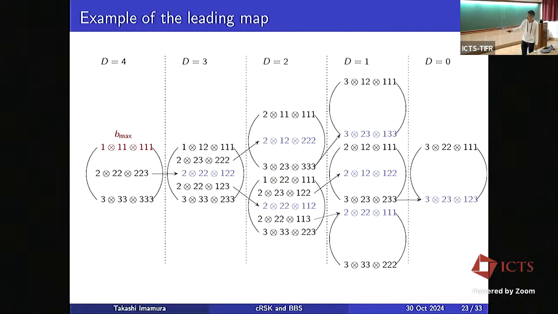We consider the elements where we subtract some constant from all elements in this area, the lowest weight element, such that some minimal element becomes 1. In this case, we subtract 1 from all elements, and we get this element.